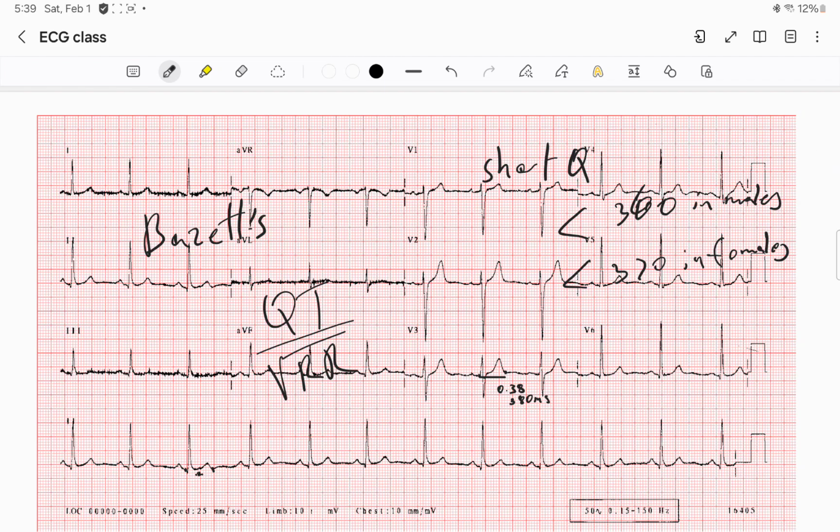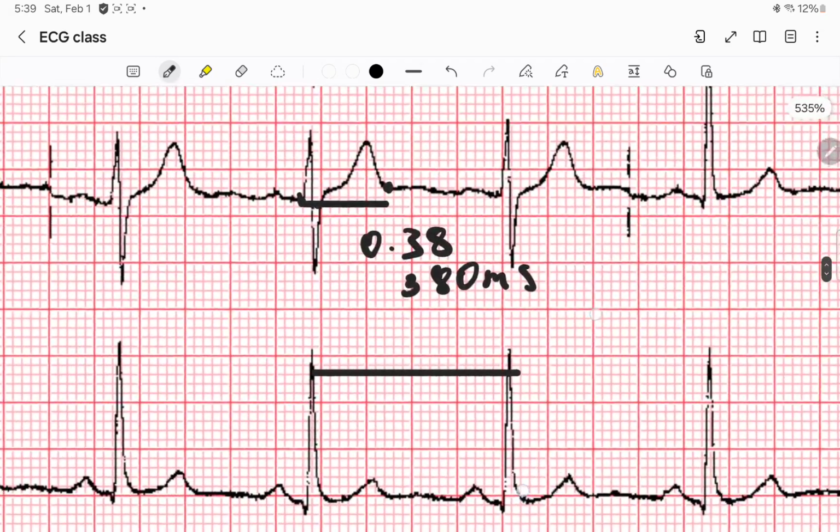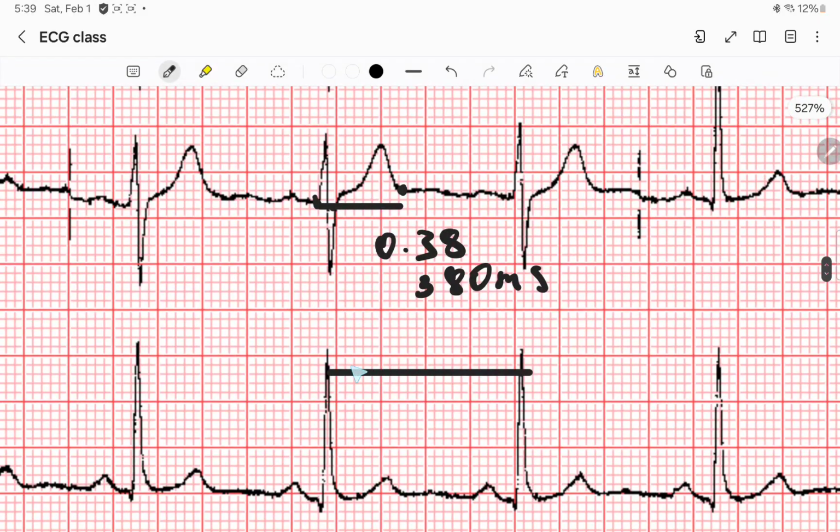We already measured this patient's QT, which is 0.38. So what is the RR? That's from here to here. Let's zoom in.